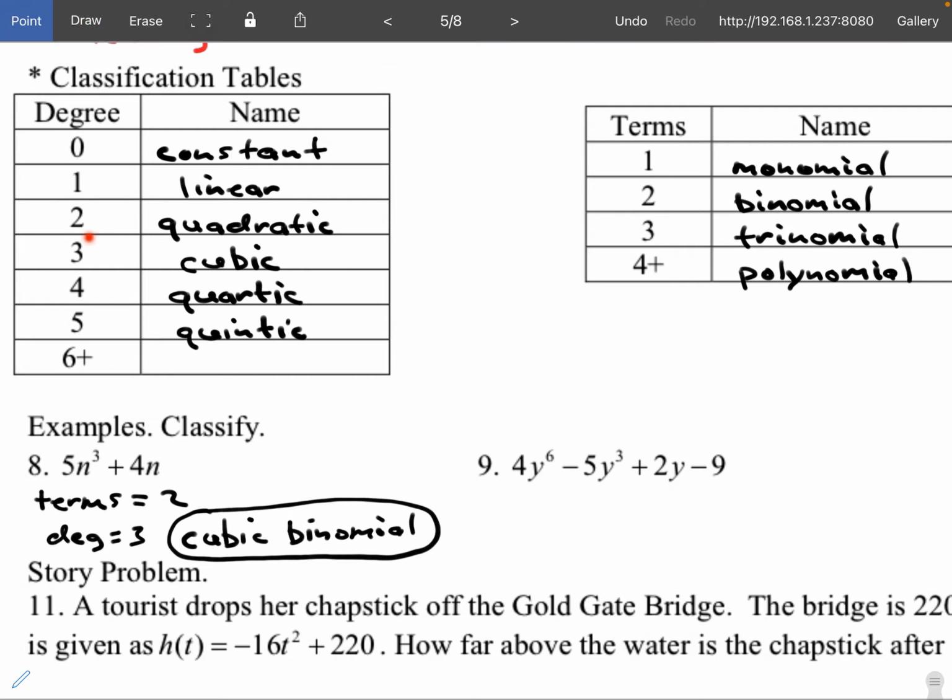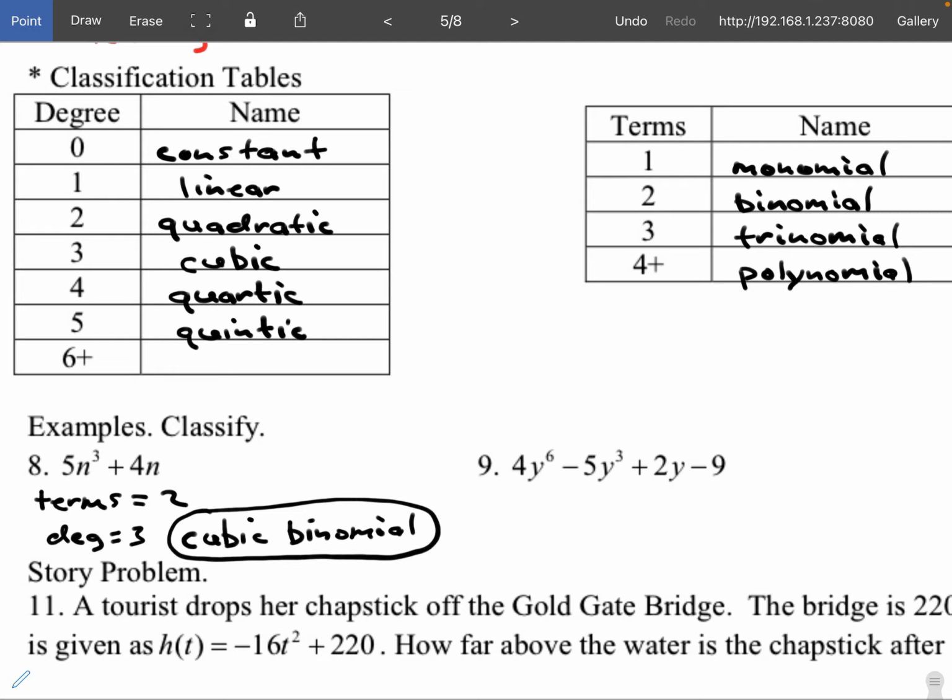I'm sorry, I'm saying the wrong thing. If it's got a degree of 3, it's cubic. So it's got degree 3, so it's cubic, and then it's got 2 terms, so it's a binomial.